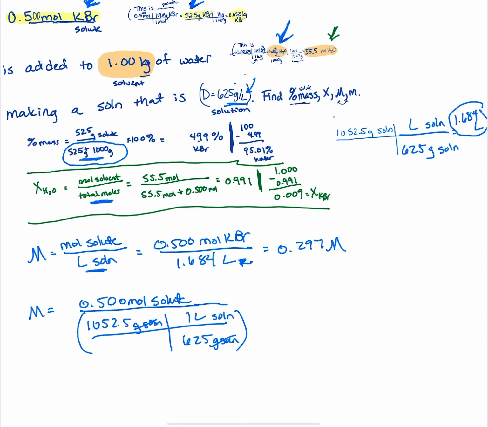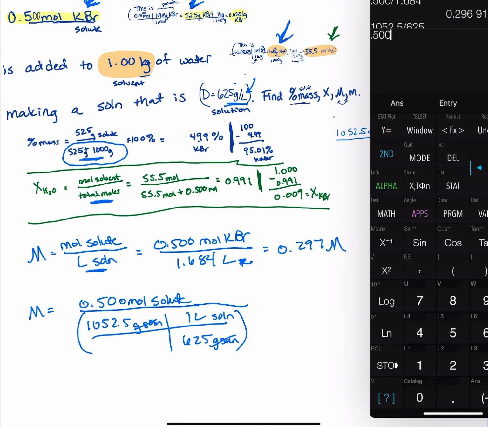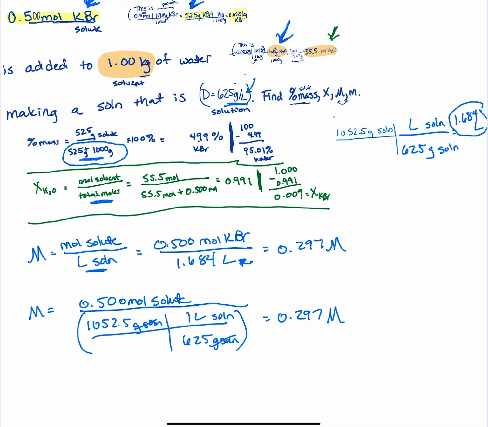And then you would have just put that in parentheses when you put it in your calculator. 0.500 divided by parentheses 1052.5 divided by 625. And then that gives us the 0.297 molarity. So now you've kind of learned a new way to look at how to solve for the molarity denominator.